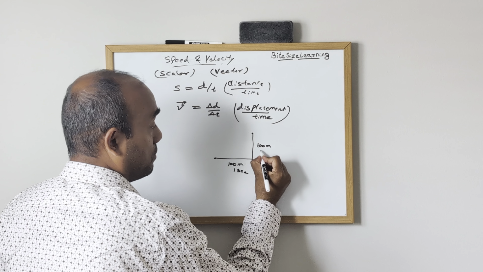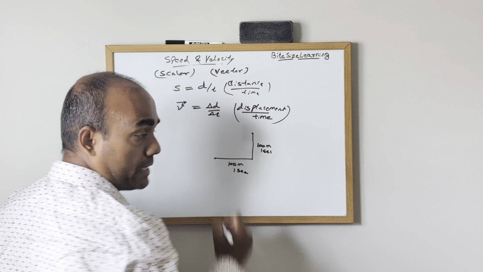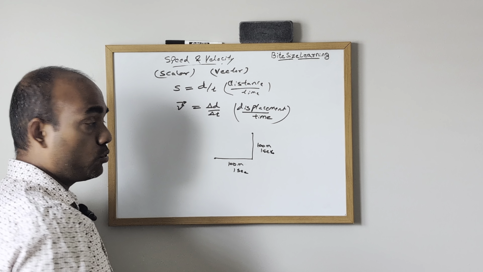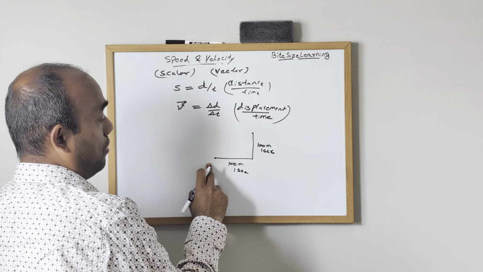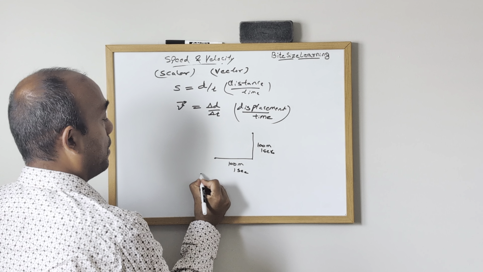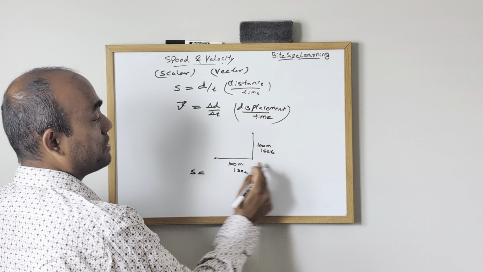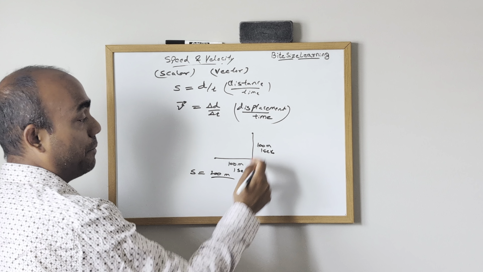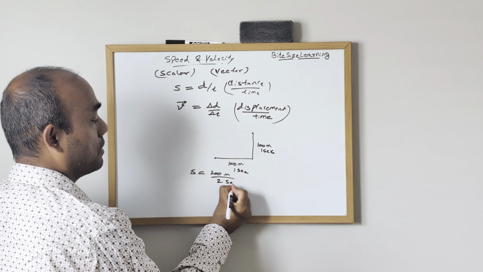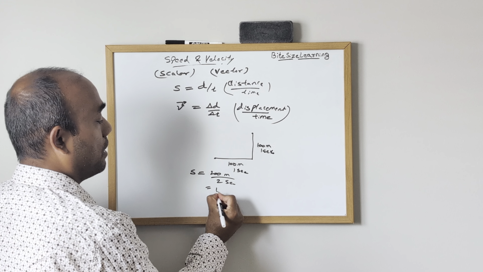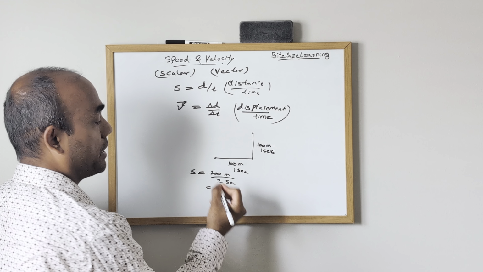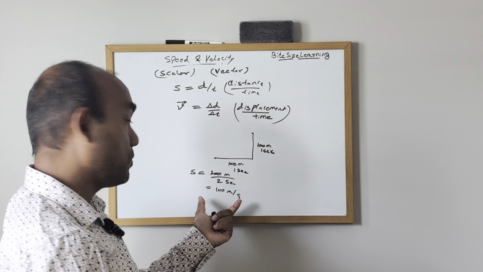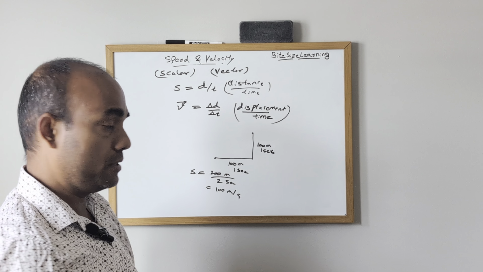And the time taken to travel this is 1 second, right? So the speed of the object is distance traveled, which is 200 meter, and time taken is 2 seconds. So the speed is 100 meter per second. So this is what the speed of the object is.